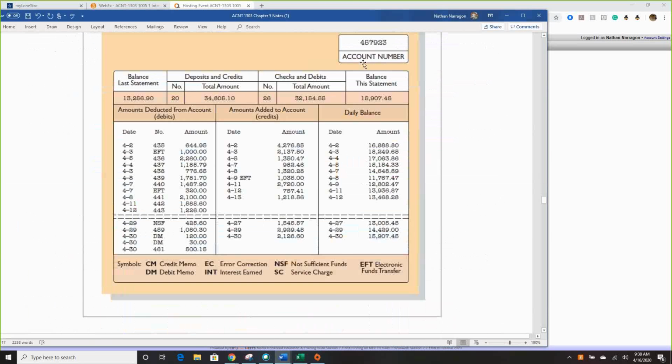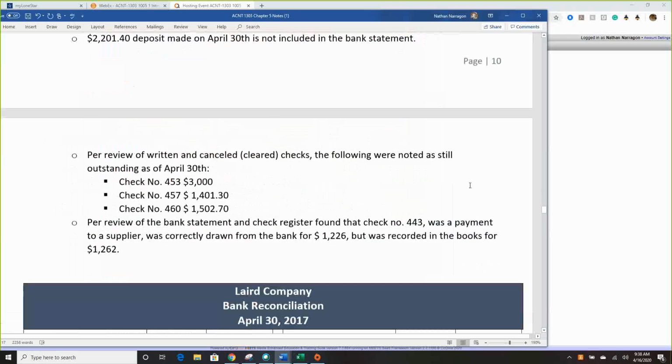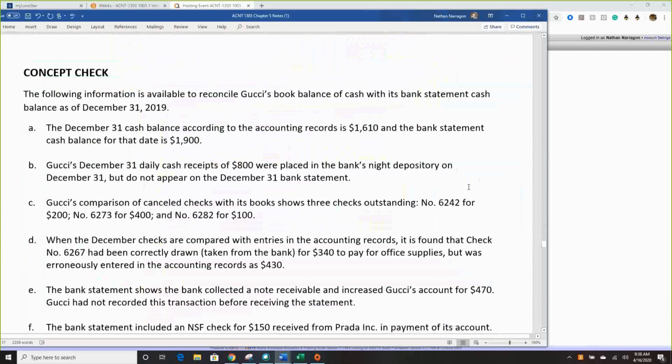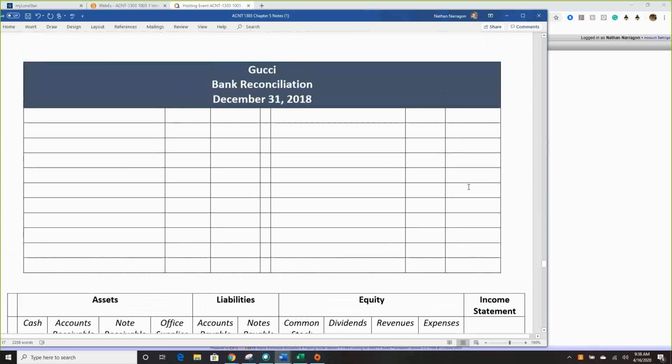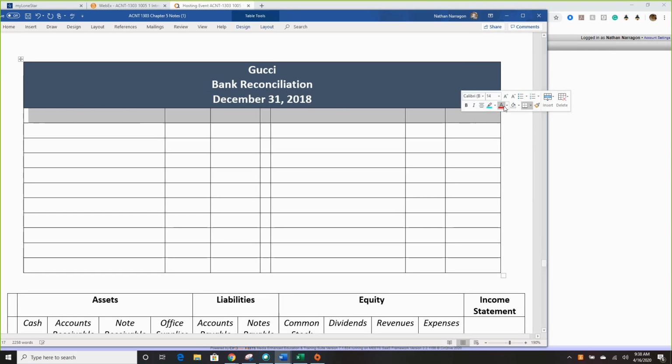The balance will be found on the bank statement, and then they'll give you the cash balance. Since the first line was just balances, you can fill those out. That was given to us. Next.